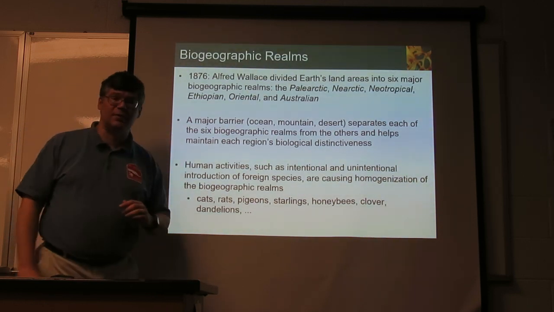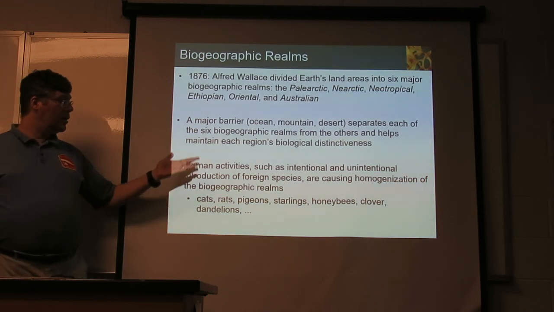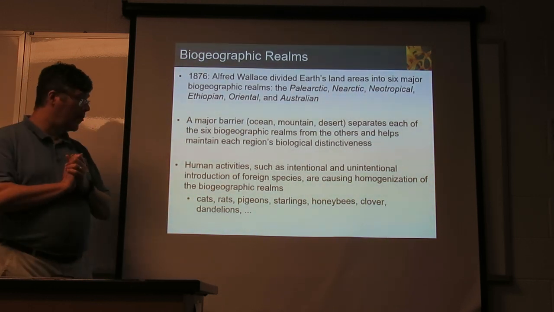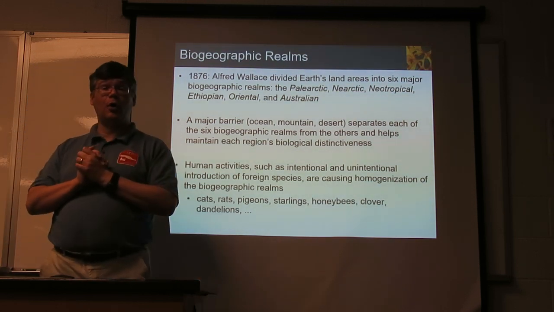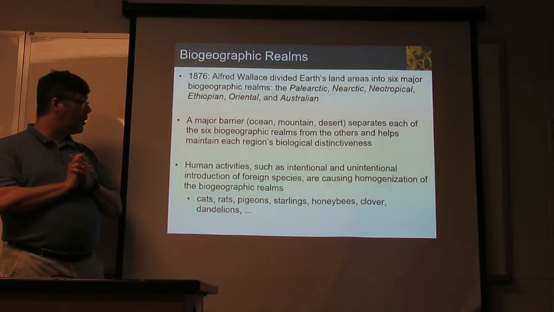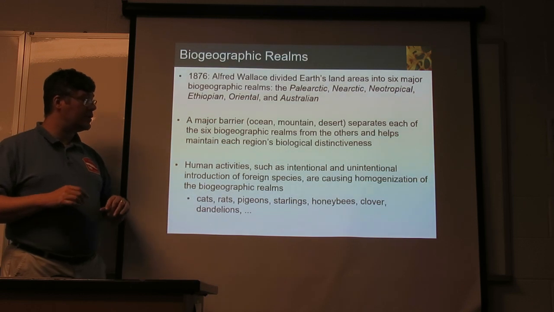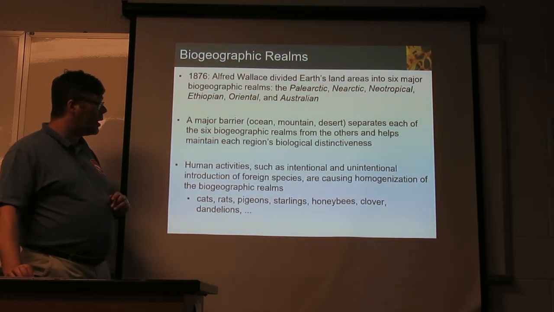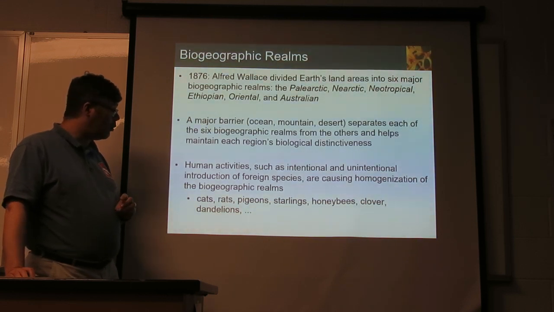So things like cats and rats and starlings, pigeons, honeybees, clover, dandelions, these are now found all over the world, even though all of these particular examples are things that belong in Europe and similar parts of the Old World.